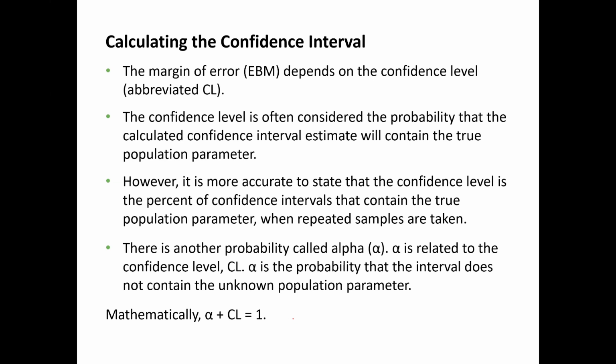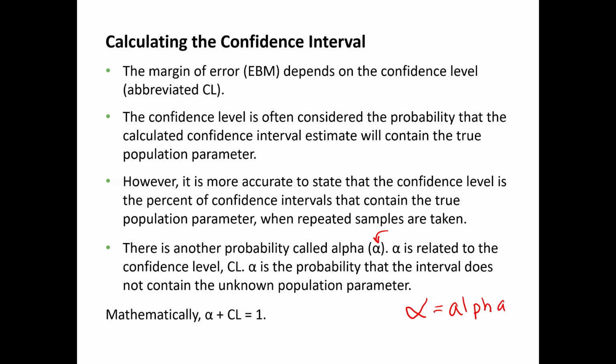So if we repeatedly take samples of a population, then we are so confident that this interval contains the true population mean. There's another probability called alpha, that Greek letter right there, alpha. It's related to the confidence level.